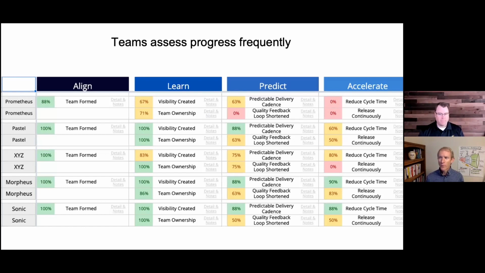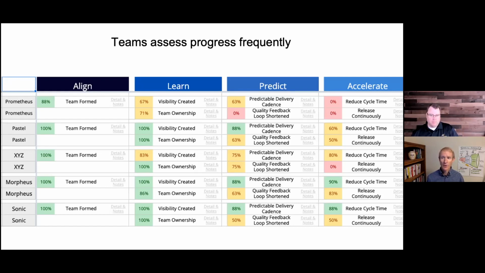Yeah, so we've been leveraging a spreadsheet format that captures all those different levels of detail that David just shared. And that rolls up to this top level view. And here I'm showing an example of several teams that have gone through and assessed where they're at for each of those capabilities.